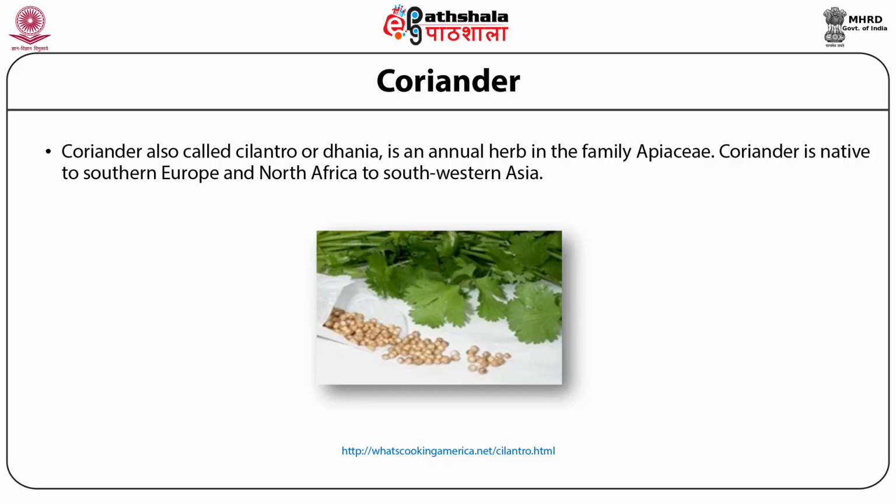Useful part is dried seed, that is coriander, technically a fruit, whole or ground form, pinnate to 3 pinnate leaves, cilantro, used fresh. Culinary uses include as an ingredient in curry powder and garam masala, flavoring to curries, meat, fish, vegetables, salads, pickles, chutneys, and as a garnishing agent.